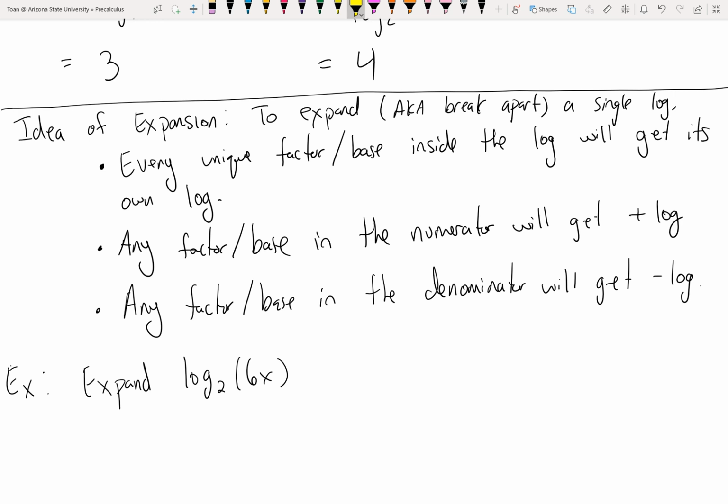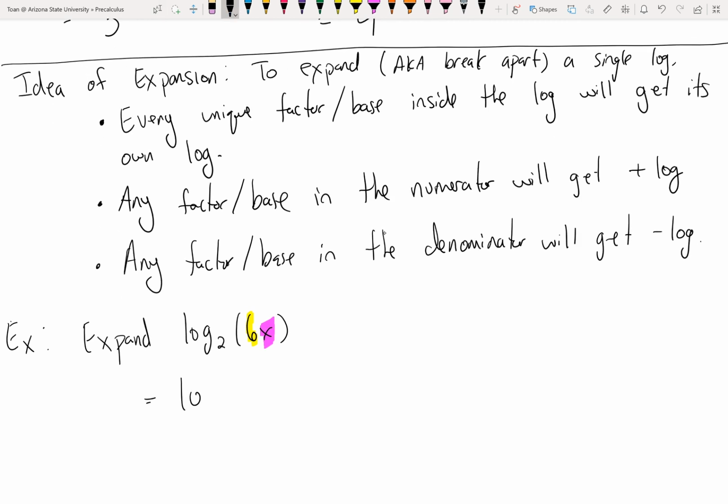Now remember, individual pieces that are multiplying or dividing are considered a separate factor. So while most people might think, oh, 6x, that's just one piece, you have to actually treat the 6 and the x as two separate pieces because they're both separately multiplying each other. Well, according to this idea, that means the 6 will get its own log and the x will get its own log. So notice here I put the 6 and the x separate in their own separate logs.